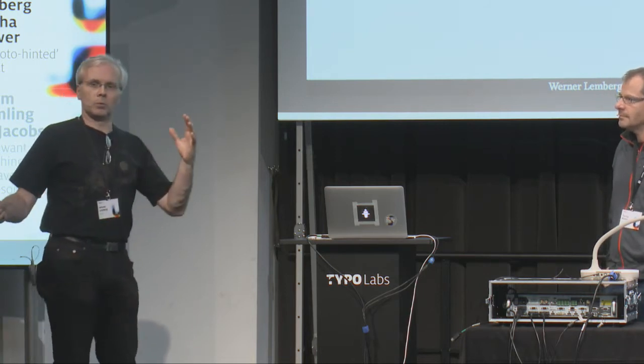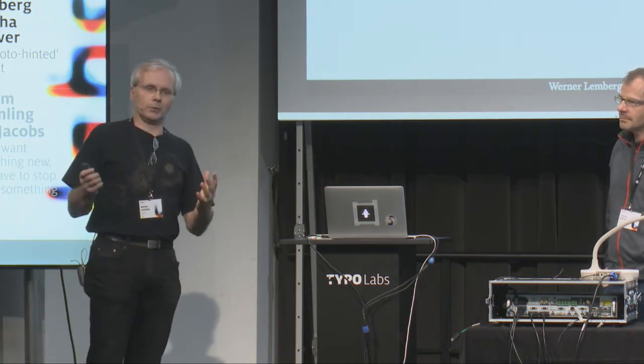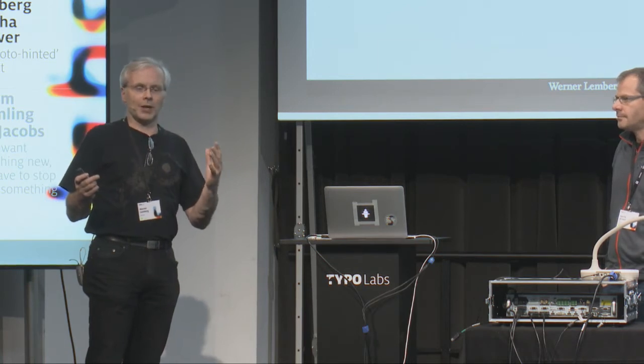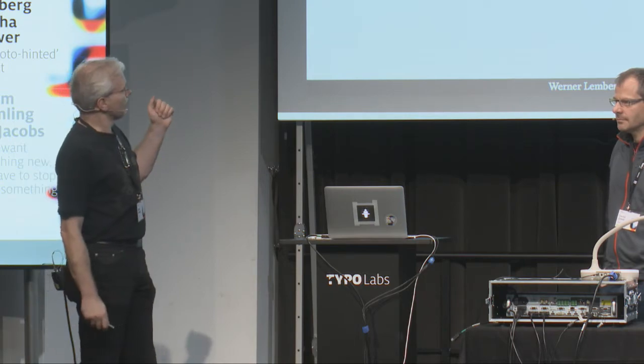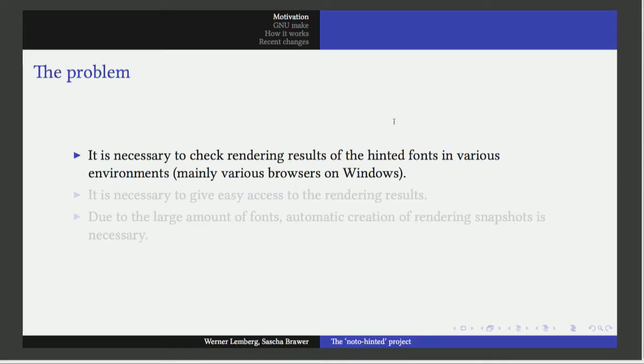And somehow we need to find a solution to check the results. Because the normal environment I'm working in is GNU Linux, and the very issue is the testing on Windows fonts, how various Windows rendering engines render the fonts.